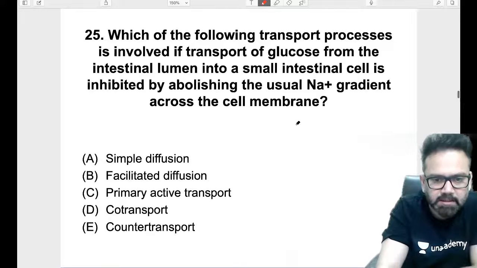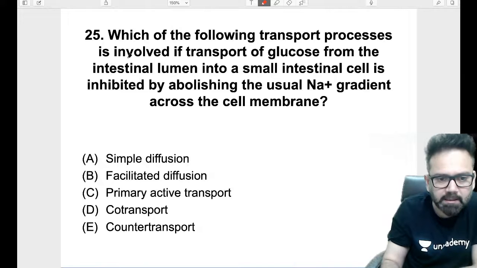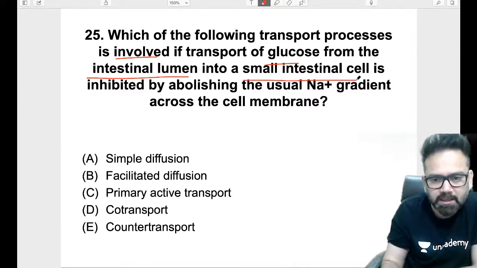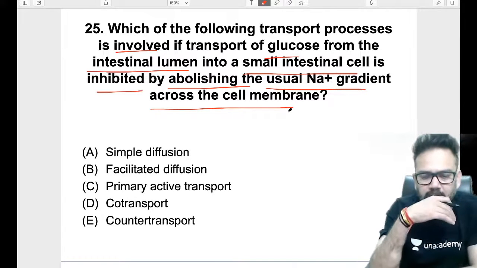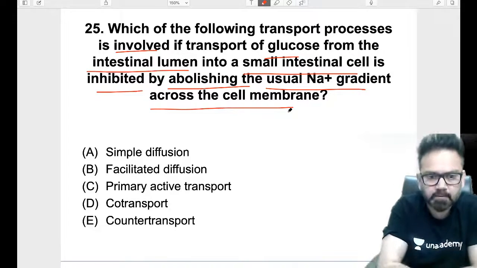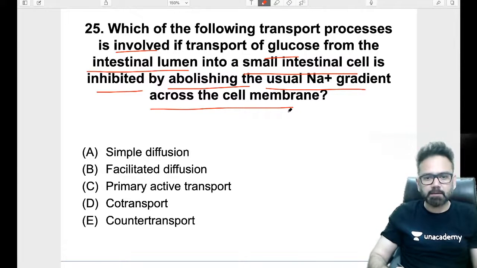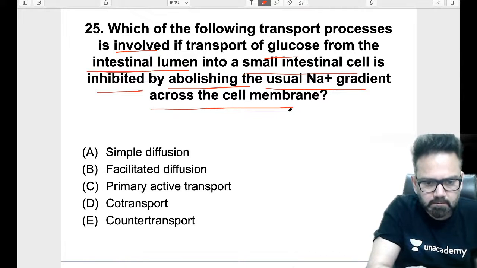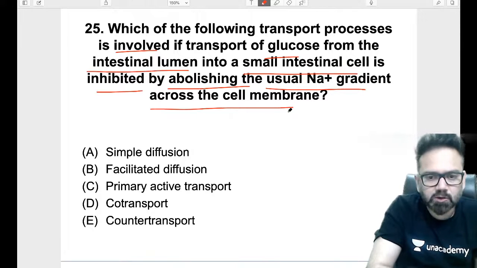So the next question is very easy. Which of the following transport mechanisms is involved if transport of glucose from the intestinal lumen into the small intestinal cell is inhibited by abolishing the usual sodium gradient across the cell membrane? Similar thing we discussed just now. If you inhibit the sodium gradient, who is making use of the sodium gradient created by the sodium potassium pump?